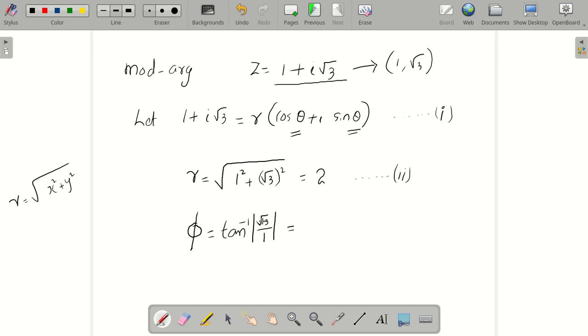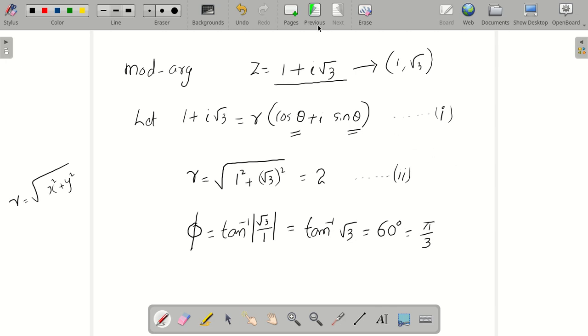Both of them are positive, so the modulus is the same as root 3. So I get tan inverse root 3. And what is tan inverse root 3? Okay, that is 60 degree. And I'm sure all of you learned trigonometry before you started complex numbers. So let's write 60 degree in radian measurement, that is pi by 3.